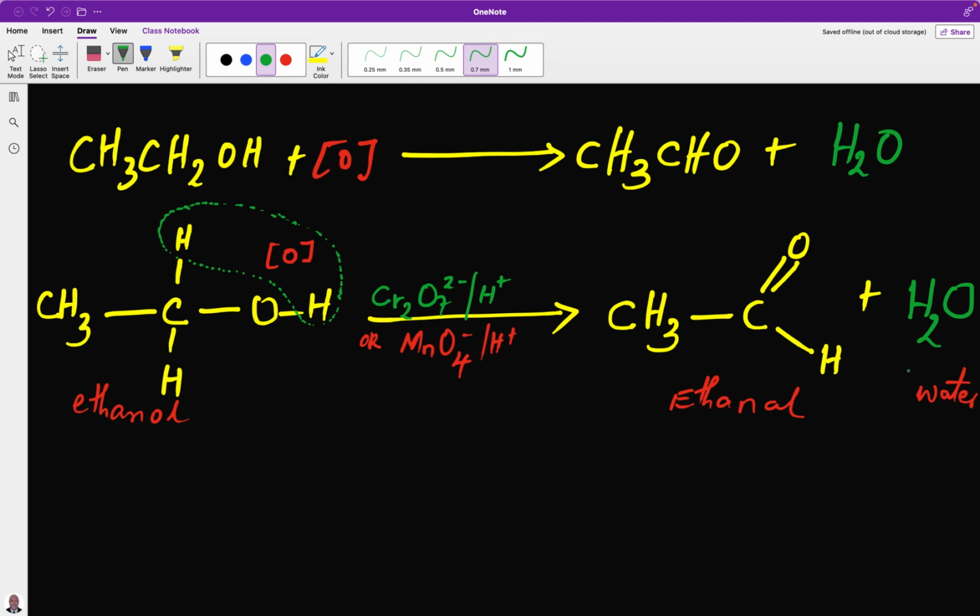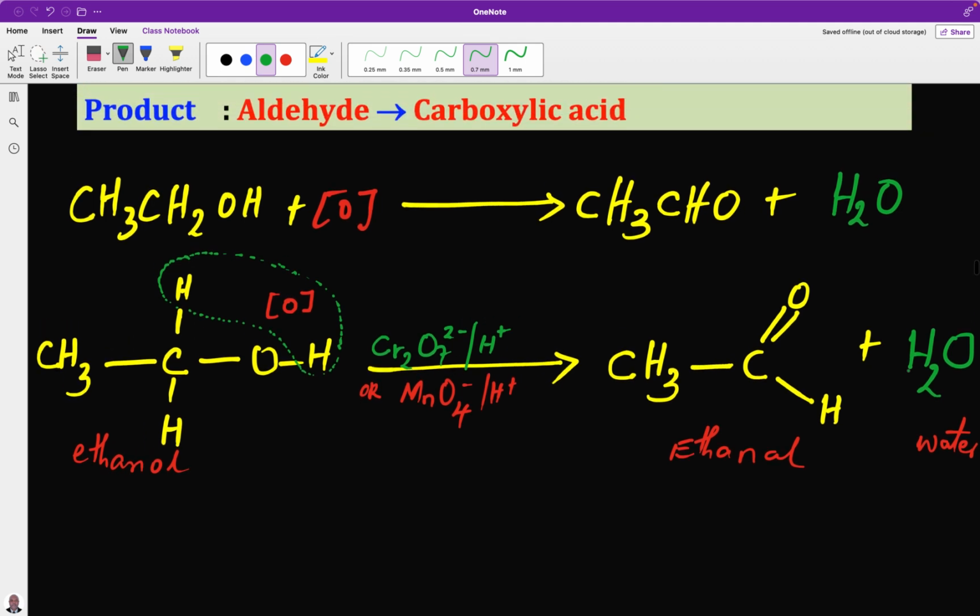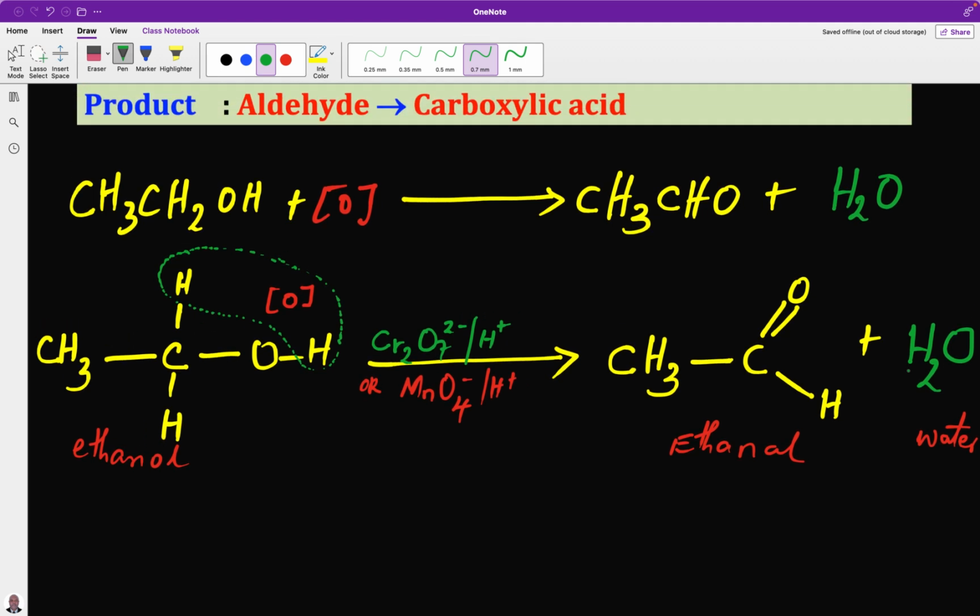I said once more in this reaction, the primary alcohol used must be in excess. And this alcohol, for instance ethanol, is heated under reflux with acidified potassium dichromate(VI) or acidified potassium manganate(VII).